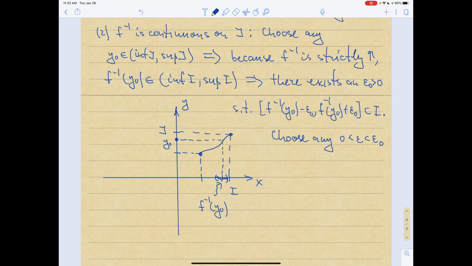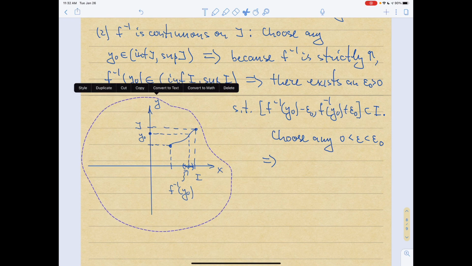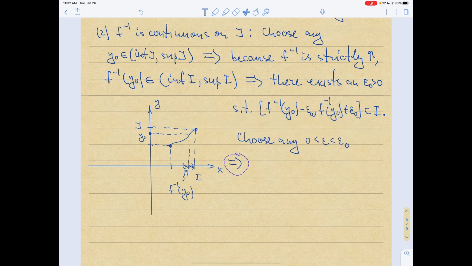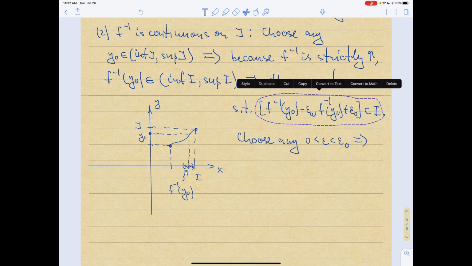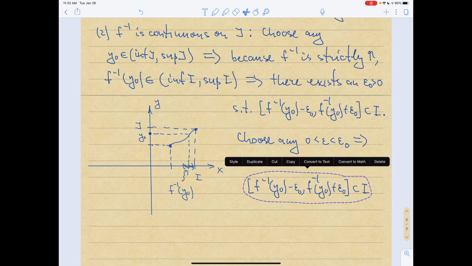Well, so if I chose an epsilon like this, then clearly, let me make this smaller. So if I chose an epsilon like this, then immediately it follows that this subset is going to be larger than a similar subset with epsilon 0 replaced by epsilon.